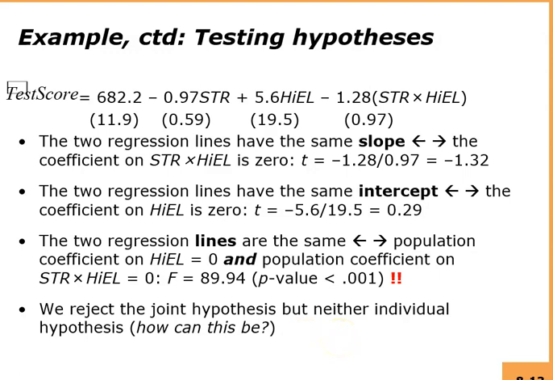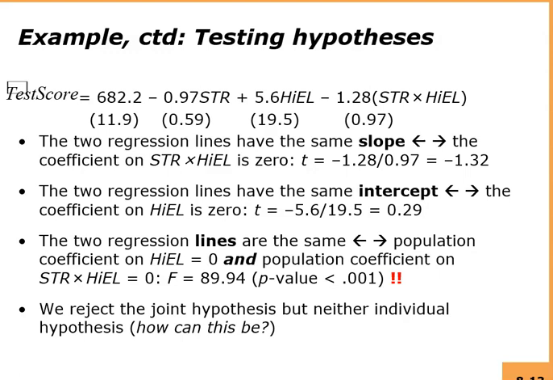So a little bit more on the post-estimation of this regression equation with the interaction term. Right now what we are doing is testing different hypotheses. Let's suppose we are testing the hypothesis that the two regression lines have the same slope. What do we have to do?